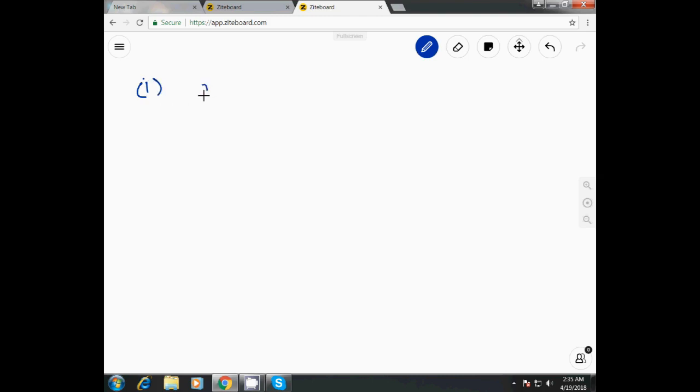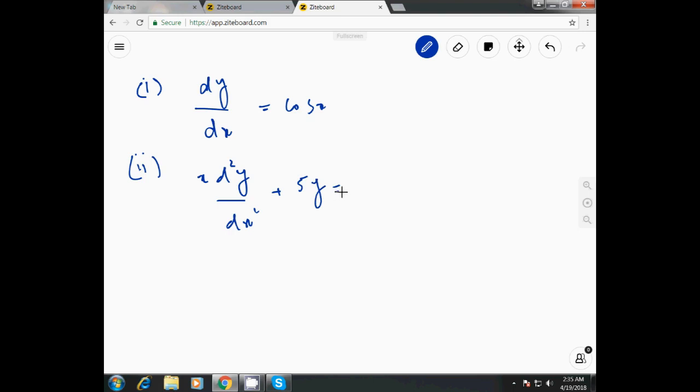First example is dy by dx, first derivative of y with respect to x, is equal to cos x. Second one is x d square y by dx square plus 5y is equal to e raised to the power x.